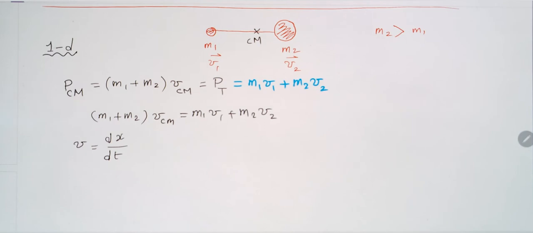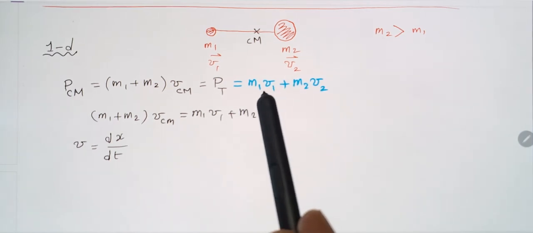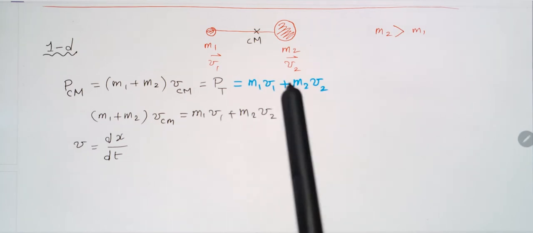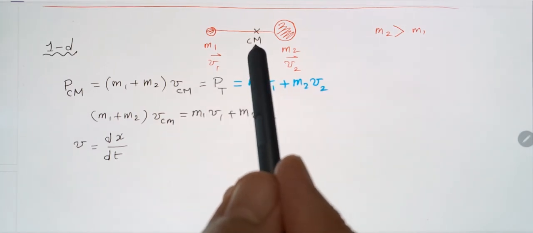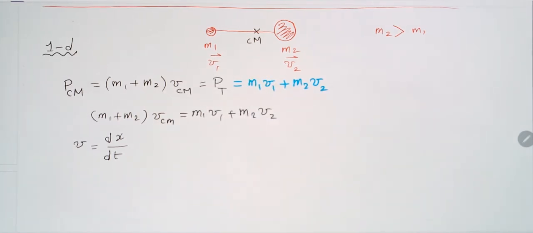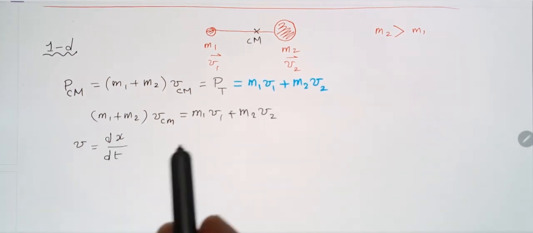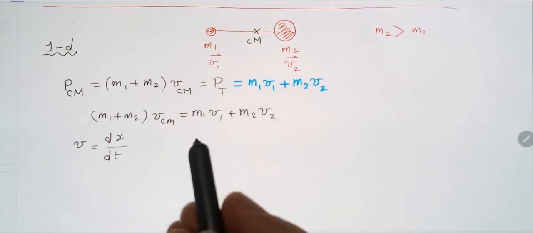To solve this problem, either you sum both momentums, or you look at the linear momentum of the center of mass. It is the same. So what is the speed or velocity? It is the derivative of x.